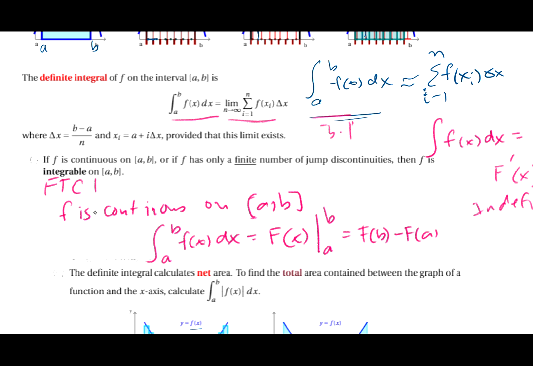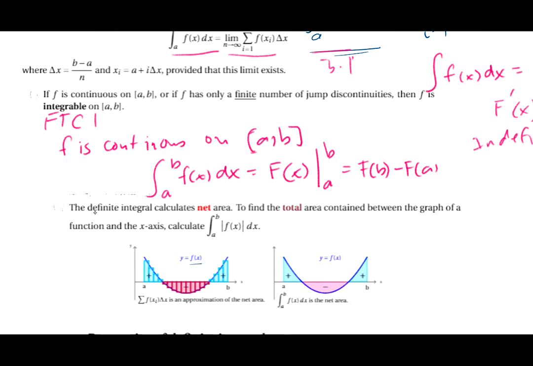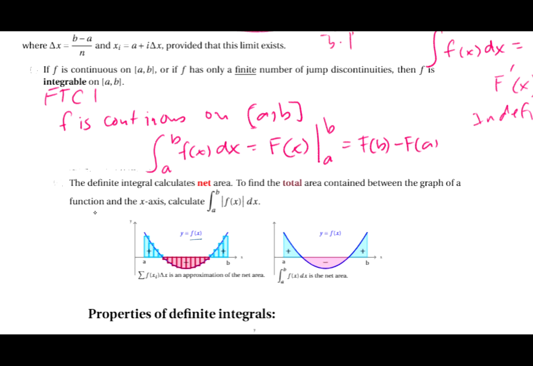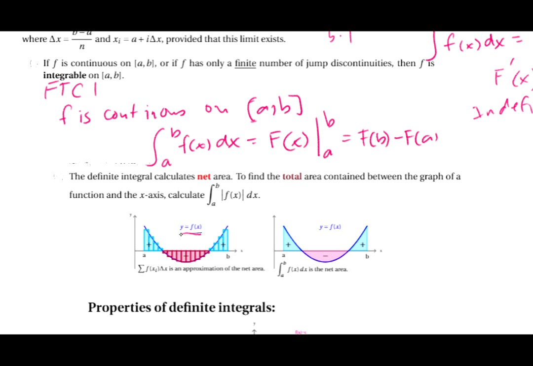And so that said, in all of these discussions we were talking about f being a function whose output is always positive. What if f is sometimes positive and sometimes negative? What do we do with that?